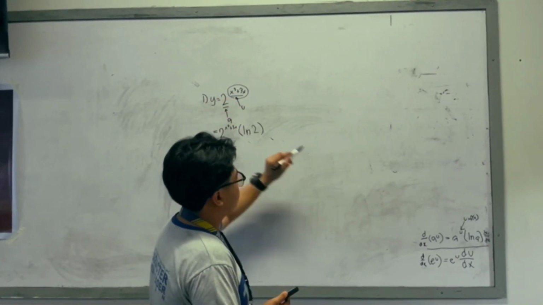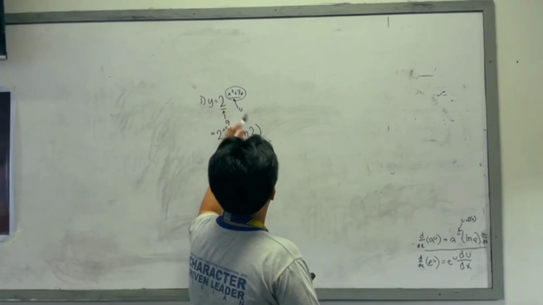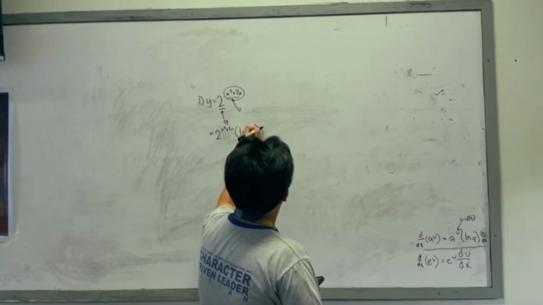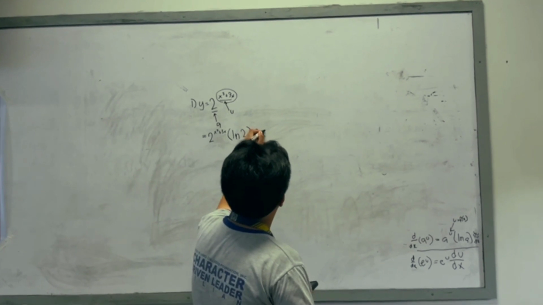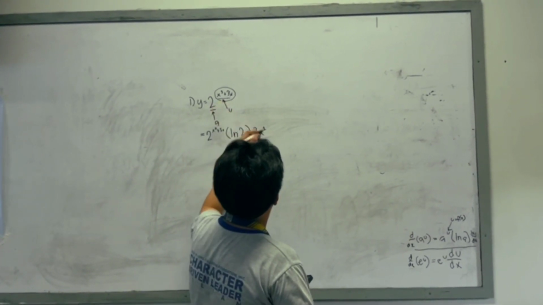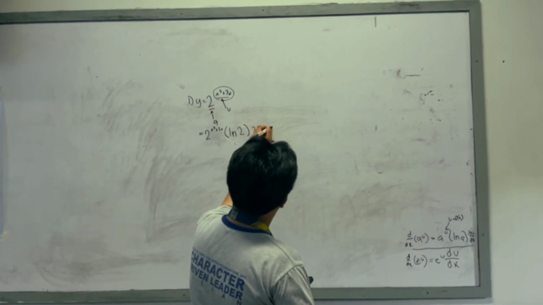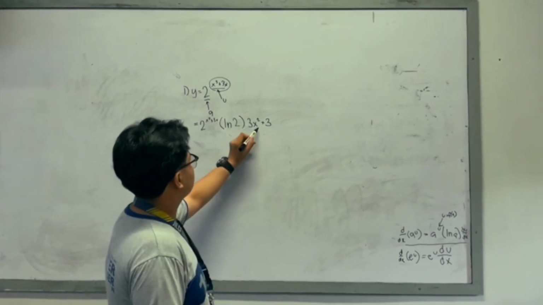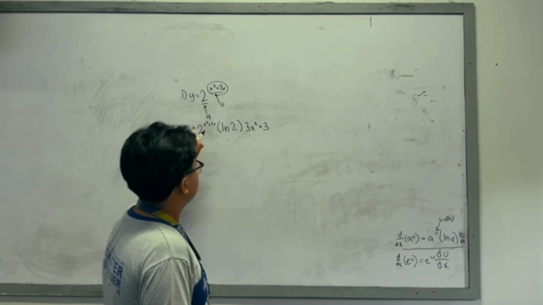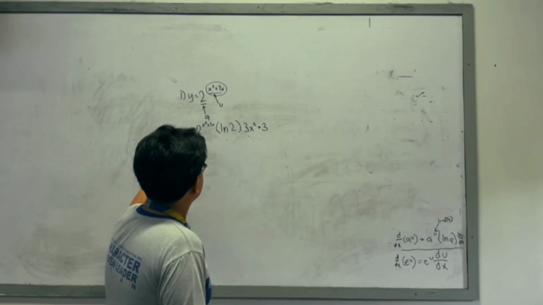Now we're going to get the derivative of u. Our value of u is x cubed plus 3x. The derivative of x cubed is 3x squared, and the derivative of 3x is just 3. The next step is to multiply the derivative of u by the natural logarithm.